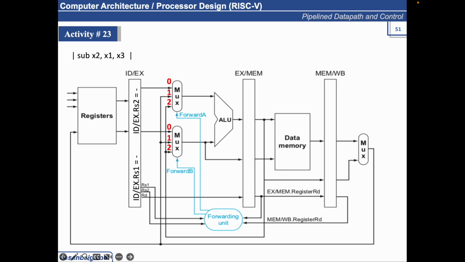Once this instruction moves to the next phase, the next instruction would be in the instruction decode phase. At this point you have to write the value stored in the IDX register and the XMEM register. The IDX RS1 would be X1, IDX RS2 would be X3, and XMEM RD is not updated in this case yet.